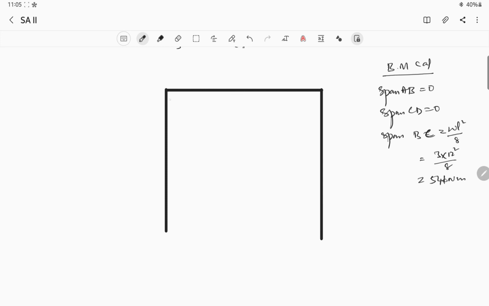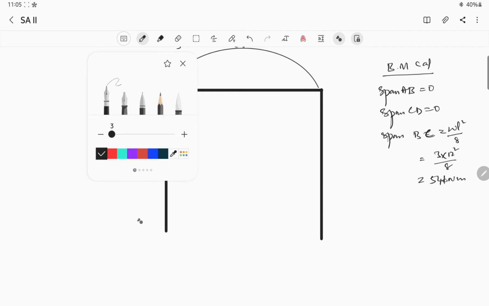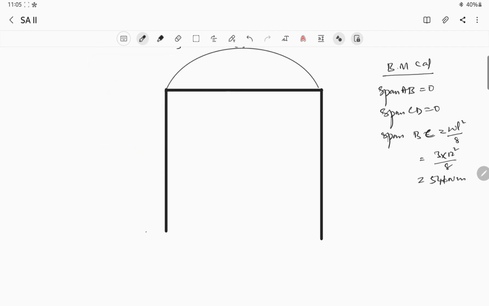So what we have to do here? This bending moment is 0, this bending moment is 0. So here we have a UDL, so we'll be having a curved parabola. Okay, I'll draw this one. So this is how we'll get our bending moment diagram, isn't it? Then for columns, since there is no load, this is my bending moment diagram.